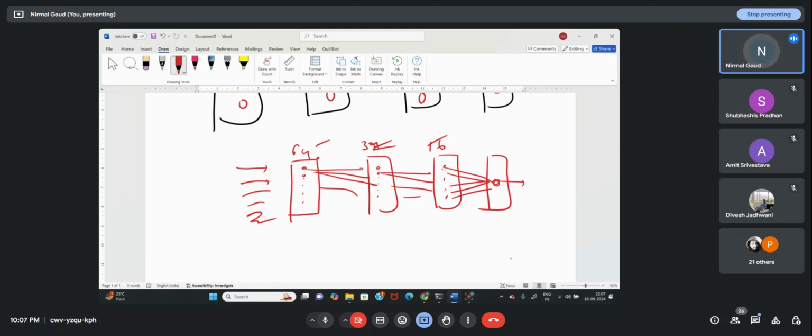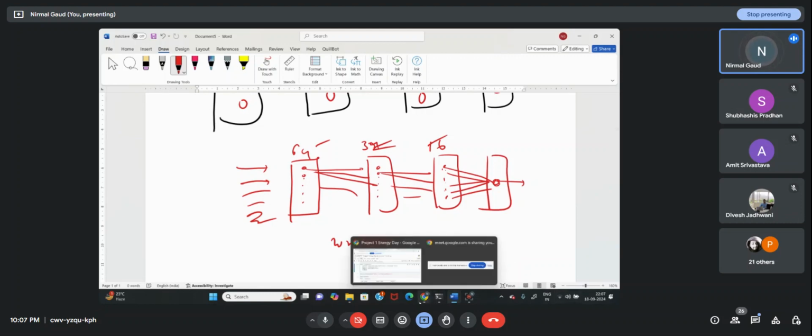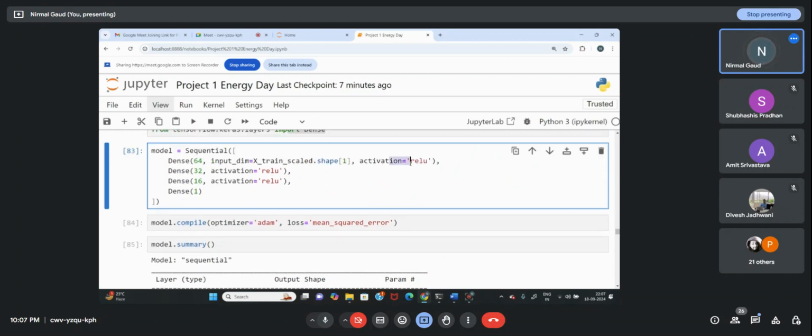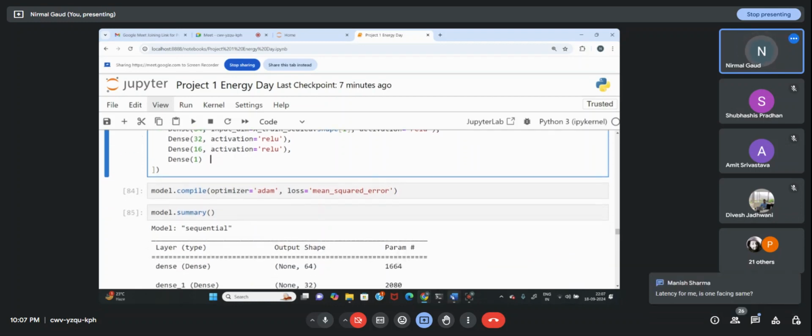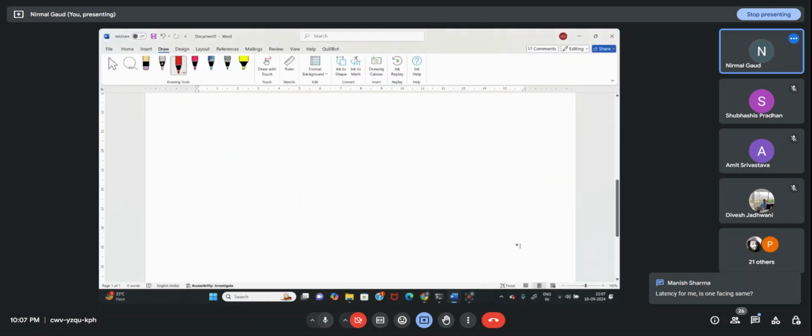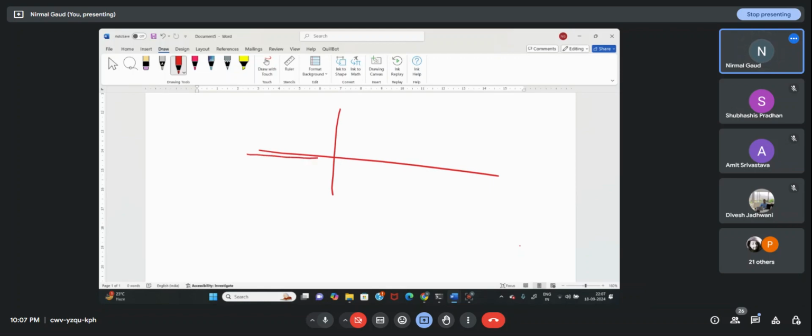And what kind of math was happening inside? Wx plus b. And also I took an activation function. The activation function which I mentioned here is ReLU, rectified linear unit. This ReLU function means if the input is negative, output is 0, and if the input is positive, output is the same.